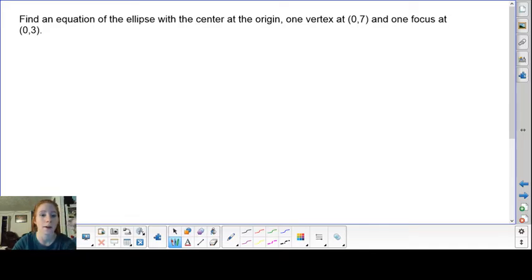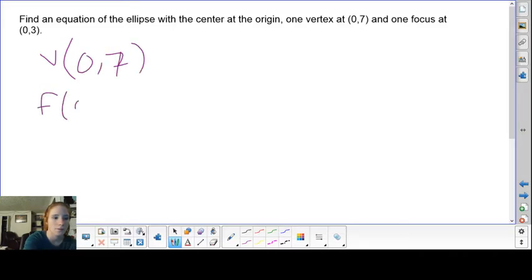Okay, so we're going to go ahead and find another equation of an ellipse, the center at the origin, and a vertex. My vertex is at 0, 7. My foci is at 0, 3. So again, I need to know where B is. So I have B squared is equal to A squared minus C squared.